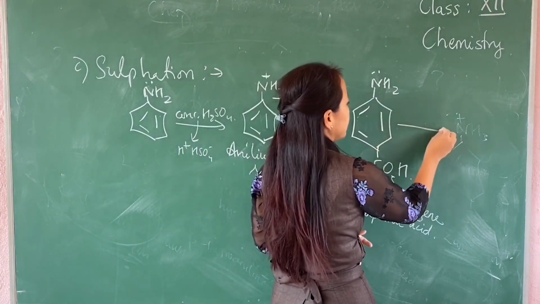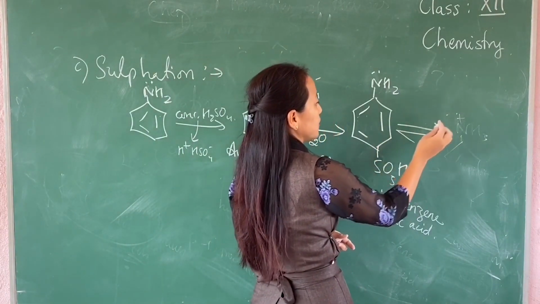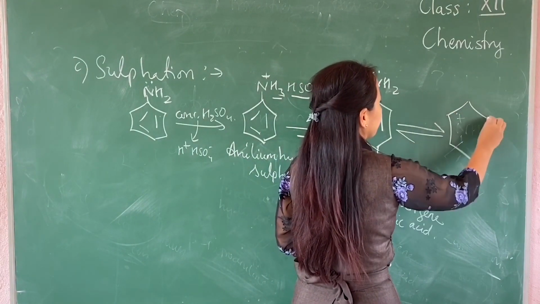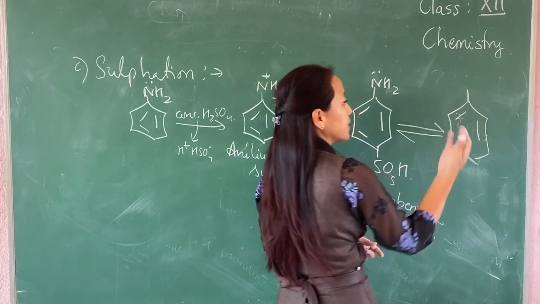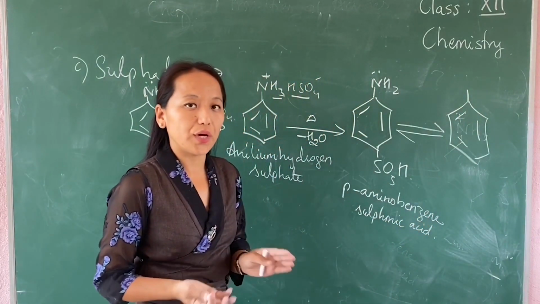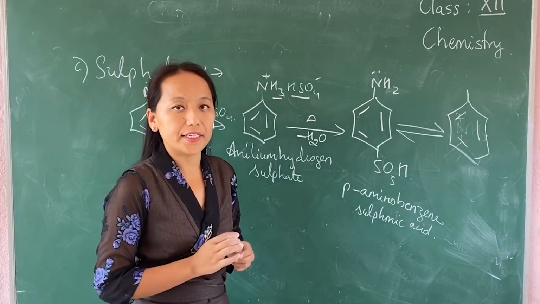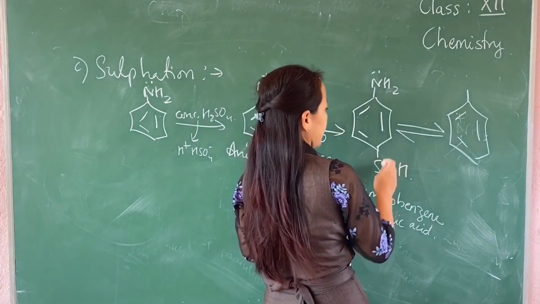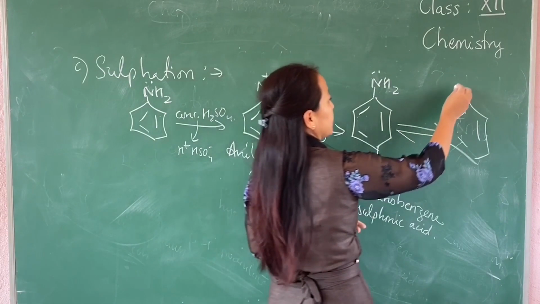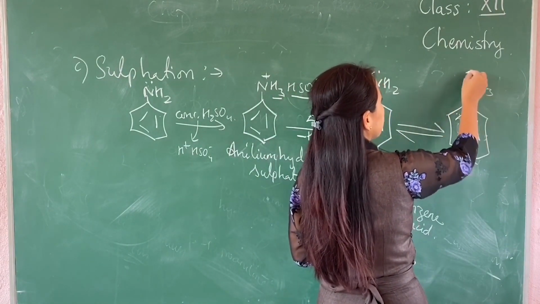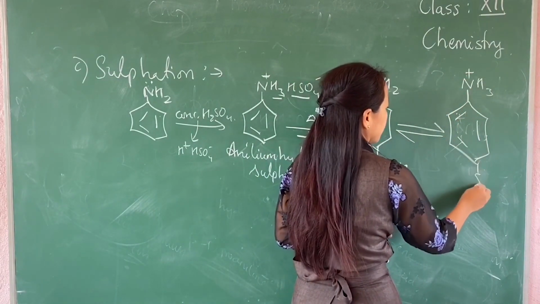And then this can also exist in the form of zwitterion. Zwitterions are the compounds in which you have both a positive ion and a negative ion. So in this case, I have NH2, which picks up hydrogen from this, and it leads to the formation of NH3+ and your SO3-.